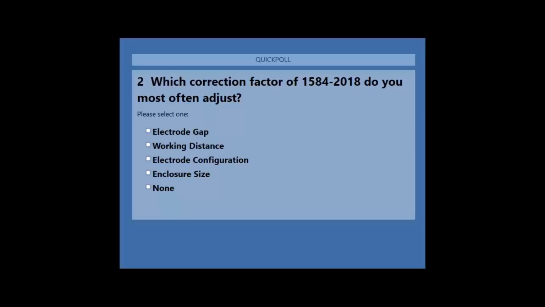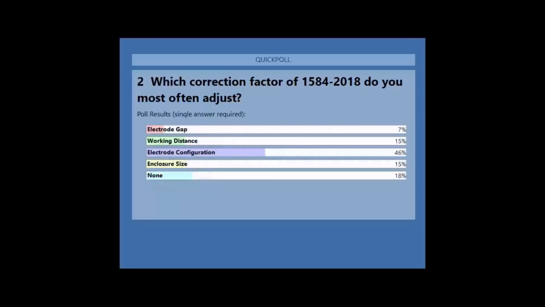Okay, looks like we have the quorum. Here's how folks have weighed in on this. Again, very interesting results. I'm not sure what I expected, but this, I think, would meet my distribution of the answers if I were to answer the question.